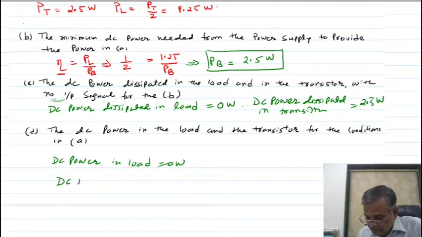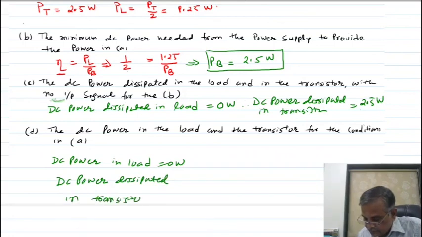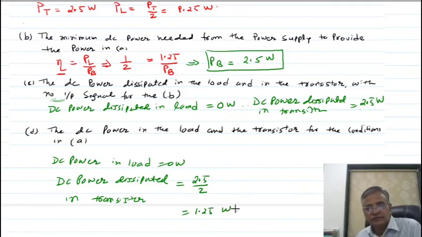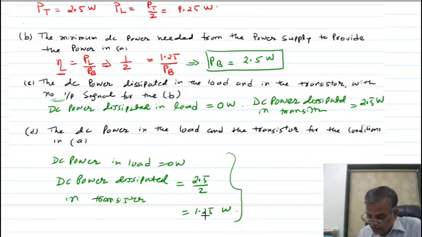So the DC power dissipated in transistor will be 2.5 by 2, so it is 1.25 watt. This is with input.